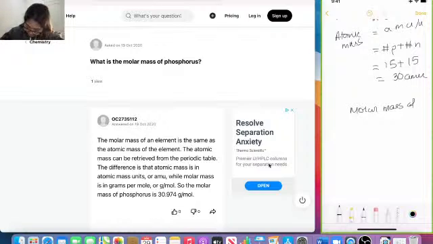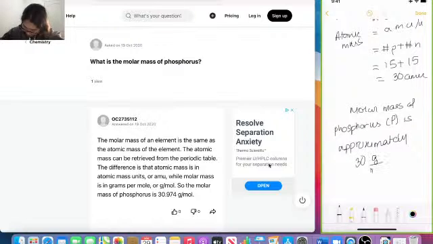And so we can therefore say that the molar mass of phosphorus P is approximately 30 grams per mole. This is 1 atom of phosphorus, okay?